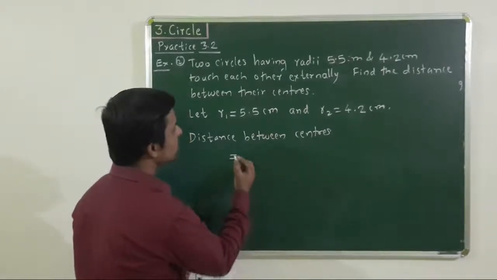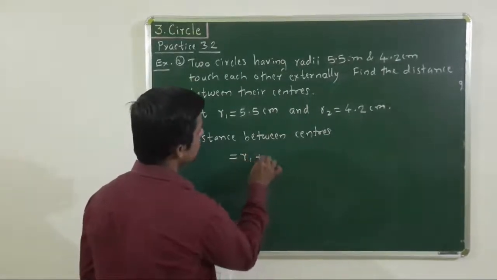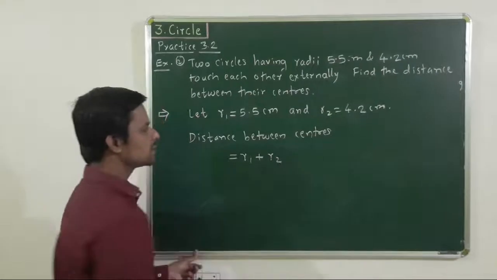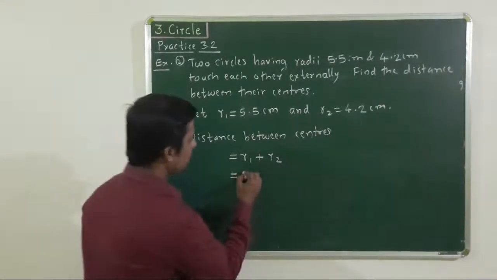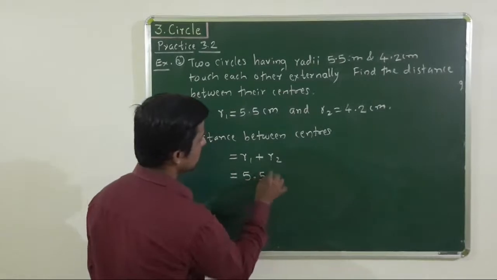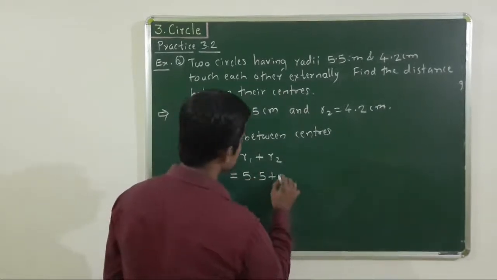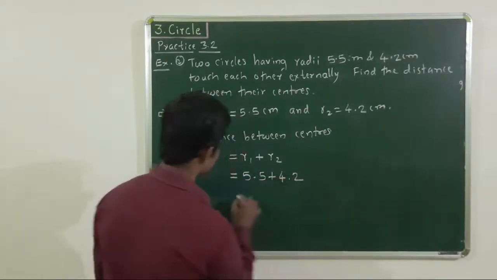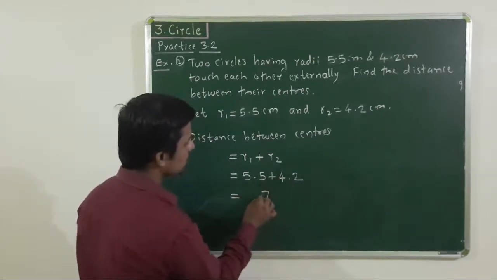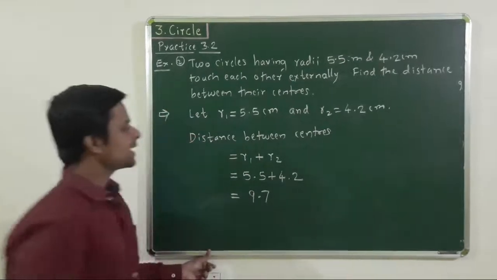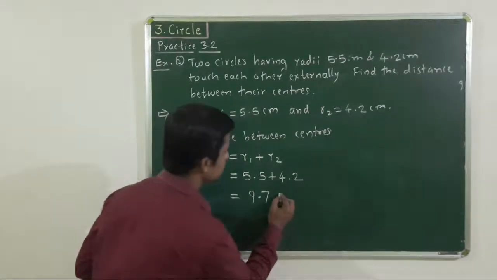Since these two are externally touching circles, the distance between their centers is the addition of their radii, that is the sum of radii, R1 plus R2 or R2 plus R1, both are same. Simple addition. R1 is 5.5 plus R2 is 4.2. 5 plus 2 is 7, 5 plus 4 is 9, it is 9.7 centimeter.